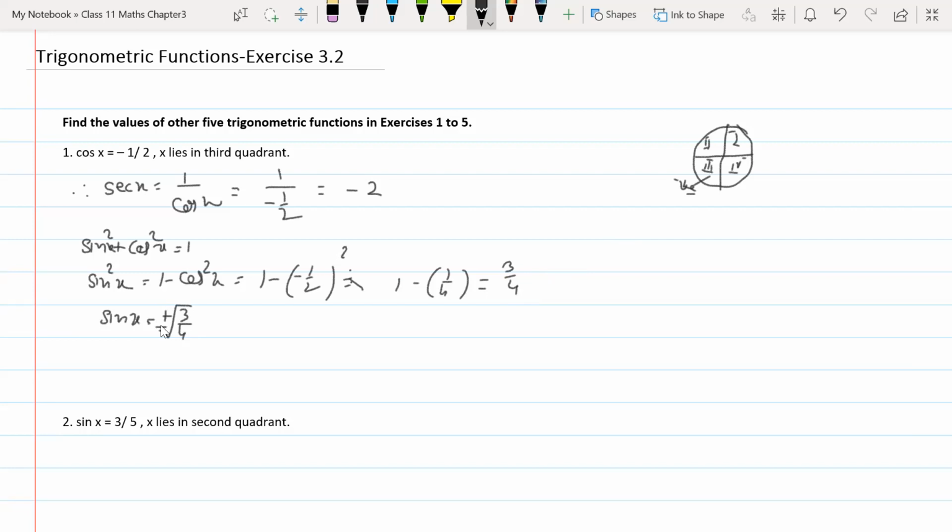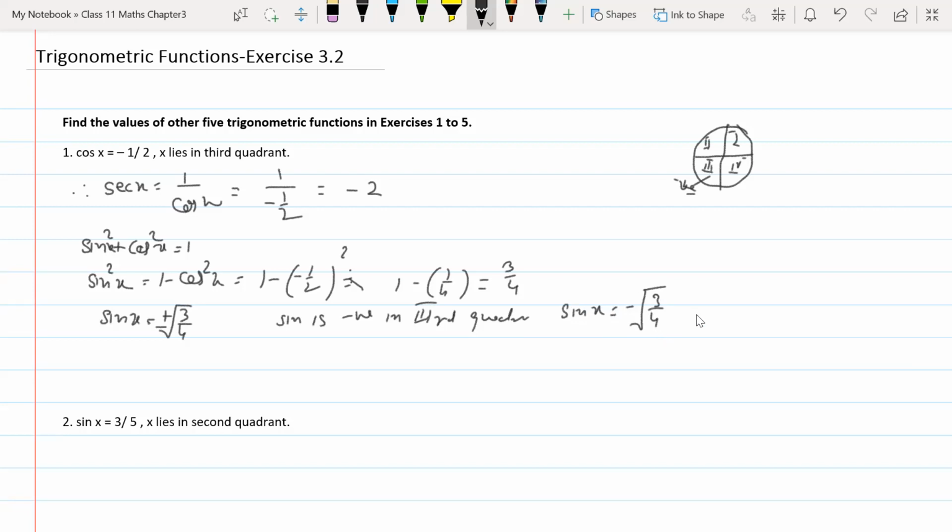But because it is in the third quadrant, and in the third quadrant sine is also negative, hence sine x is equal to minus root 3 by 4.